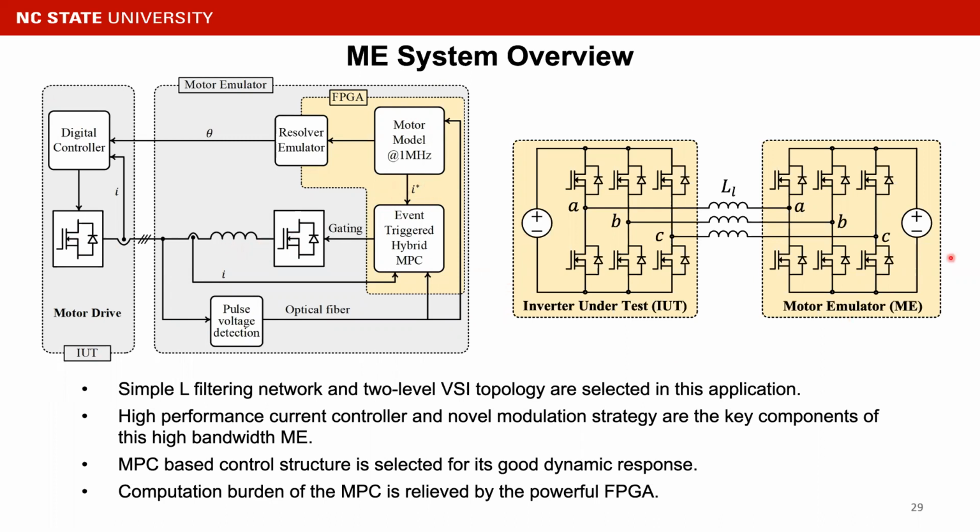And on the right, we have the detailed topology of the setup. As you can see, a simple L filtering network and the two-level VSI topology are selected in this application.